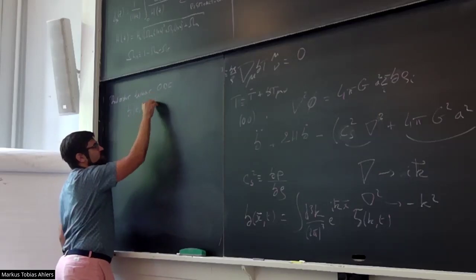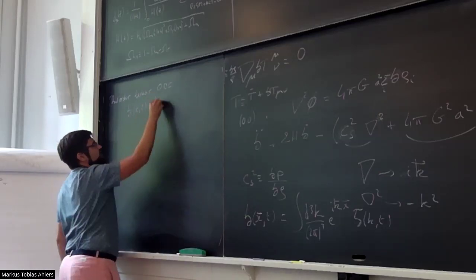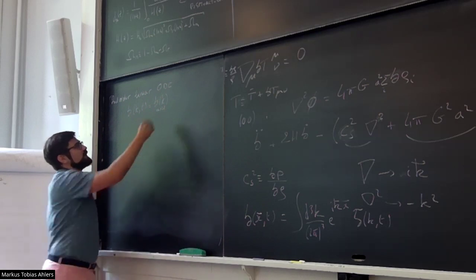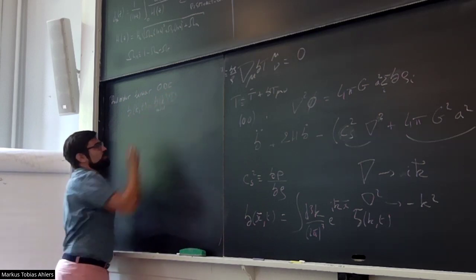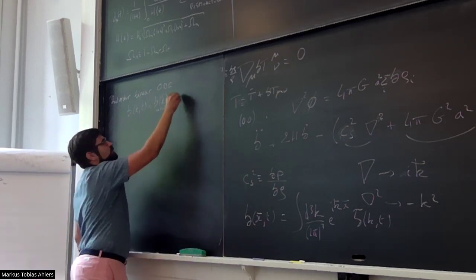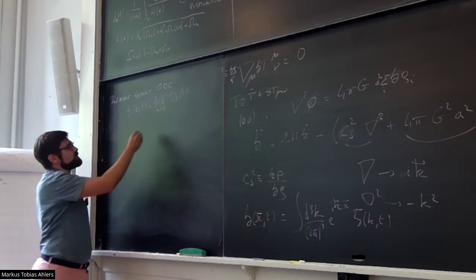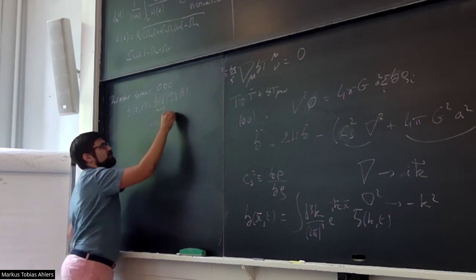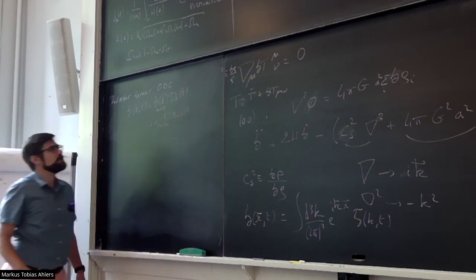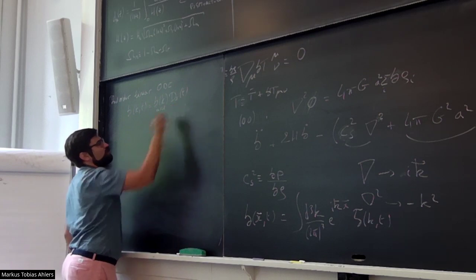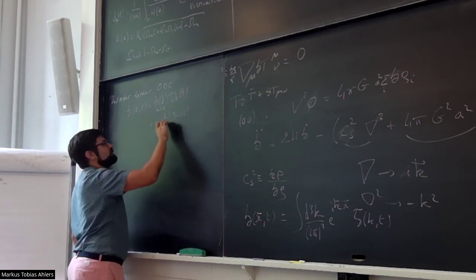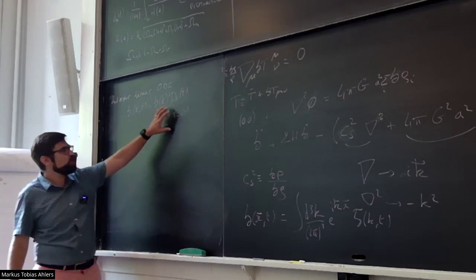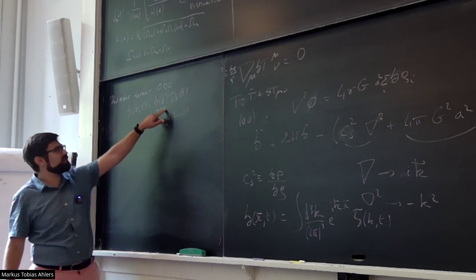It is equal to some initial condition, delta_k, which depends on k, times a growth function that only depends on time, plus the same thing but now with a decaying function. This decaying mode I'm going to ignore, because it literally decays. So this part of the solution we don't see. What we see of the solution is this part.